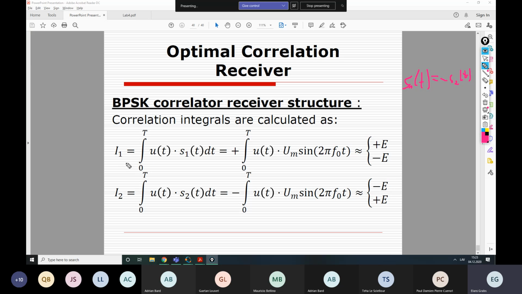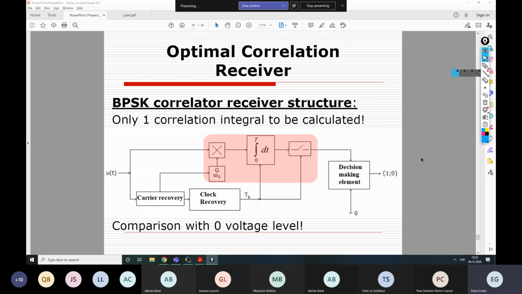For example, if we received S1, then the first integral would be plus energy, and the second integral would be minus energy. If, however, we received minus S1, which is S2, this would be negative, and this would be positive. So what matters the most is just the sign. And that's why we compare it with a threshold of 0. Once again, it's important to correctly select the sign of comparison, whether we compare as smaller or greater, right?